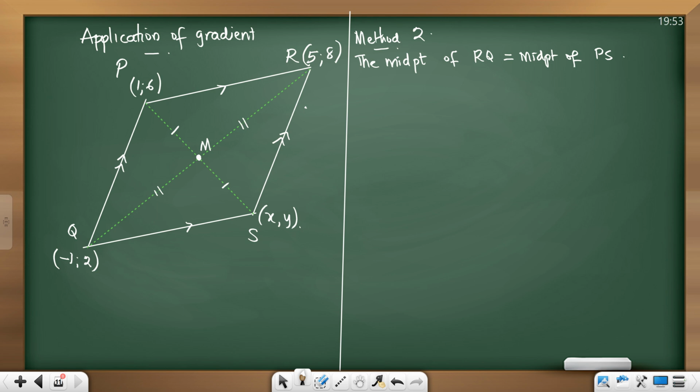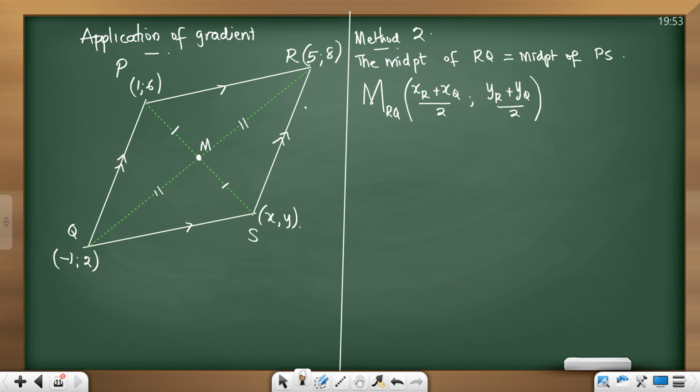So for now, using RQ, we can get the midpoint, capital M, don't forget, of RQ. It will be what? XR plus XQ over 2, YR plus YQ over 2. Midpoint.